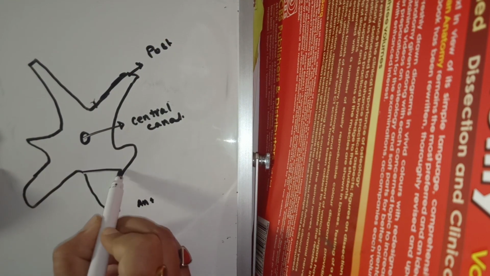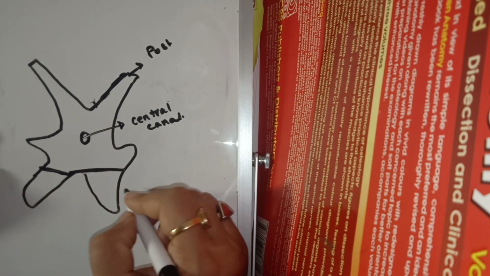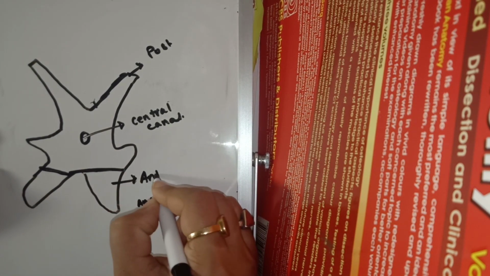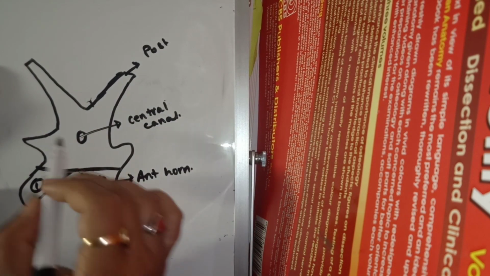On the anterior side, till this line we have the anterior horn. So the gray matter divides into three parts: anterior horn, intermediate, and posterior horn. Number one is the anterior horn.